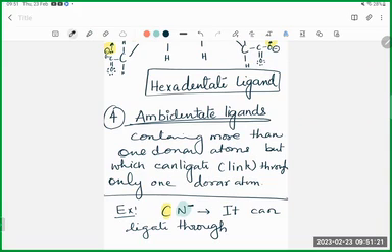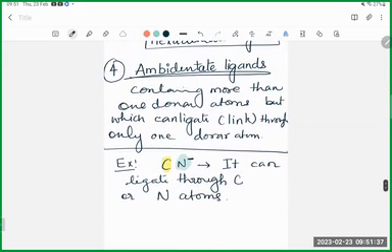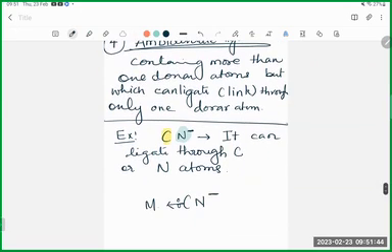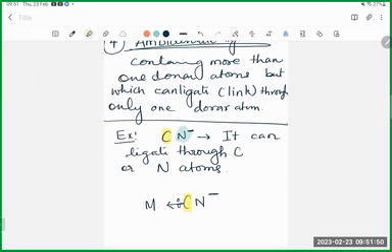Both are ligating, but one at a time. So if I keep it like this and I am donating this pair to the central metal atom, it means carbon is ligating a lone pair to the central metal atom. This is the metal ion. This is the ligating atom.